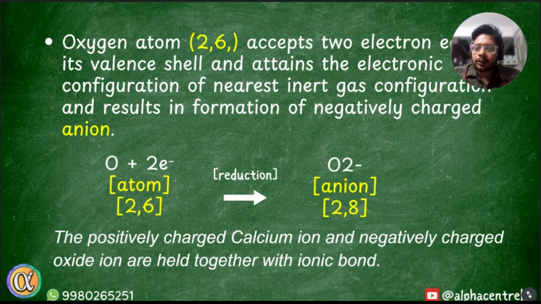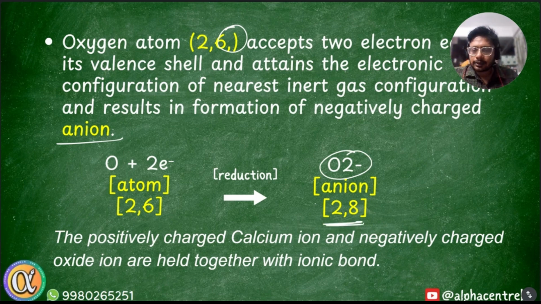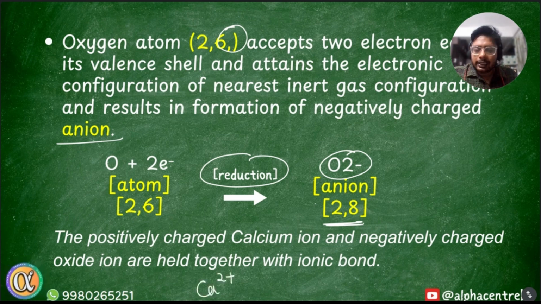The oxygen atom has an electronic configuration of 2, 6. It accepts 2 electrons, because it has 6 in the valence shell, right? So it accepts 2 electrons and becomes a negative oxygen anion, O2 minus, with an electronic configuration of 2, 8. Now this positively charged calcium cation and the negatively charged oxygen anion combine together to form calcium oxide.